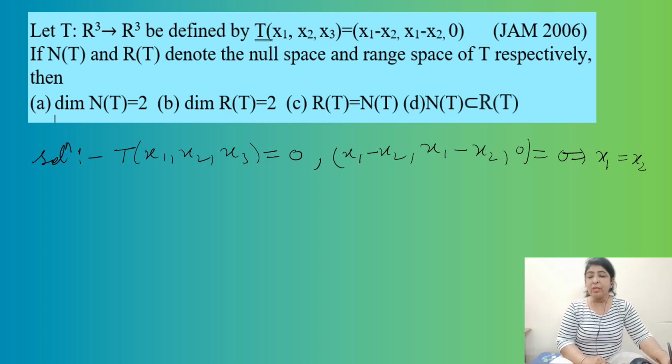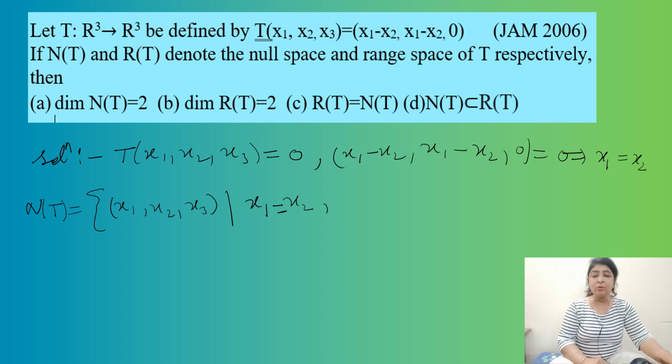Clear? So what will the null space of T be? Null space of T is given by the x1, x2, x3 such that x1 is equal to x2 and x3 belongs to R. Clear?